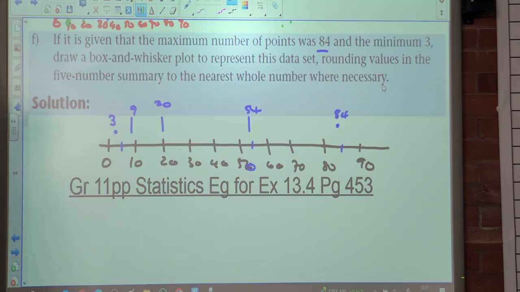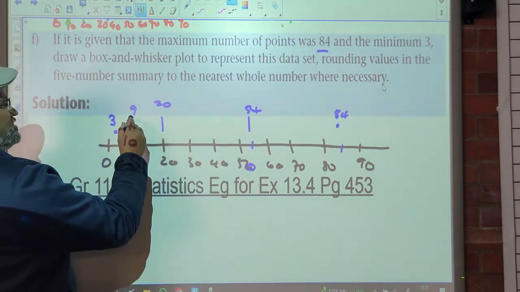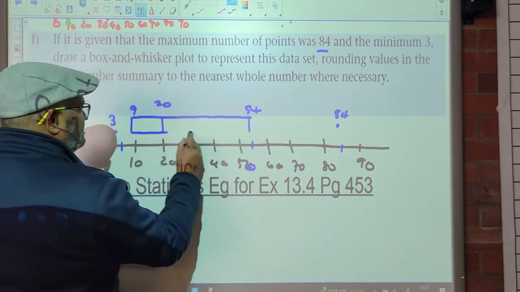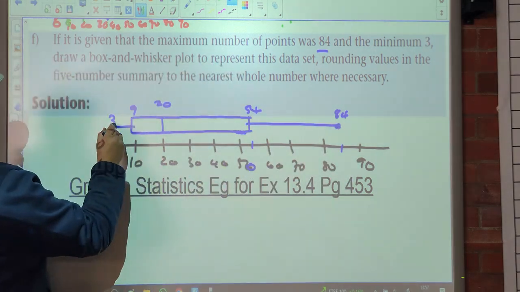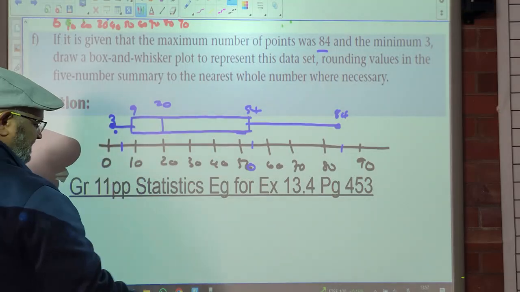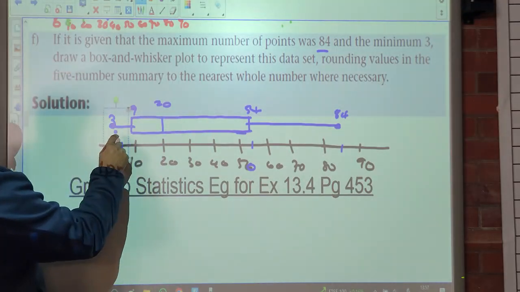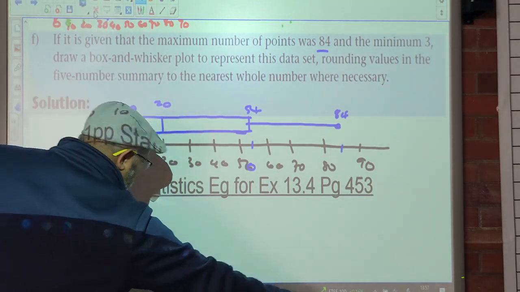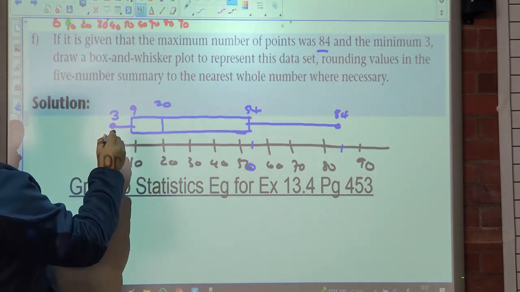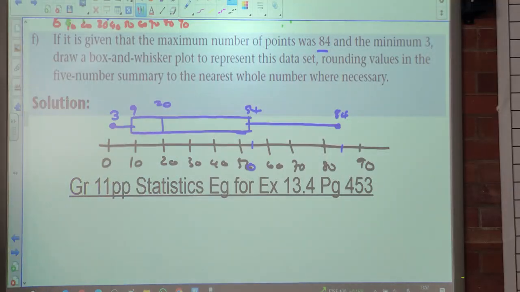Right, people? You all okay with this? So there's your box, and these are my whiskers. Hence, box and whisker diagram. Okay, I couldn't meet up with that point there, so I'm just going to put it there. Again, people, this is an approximation of what's happening. Will you guys understand?